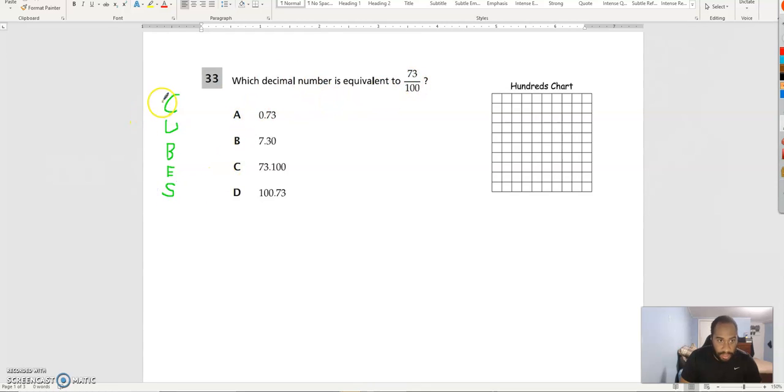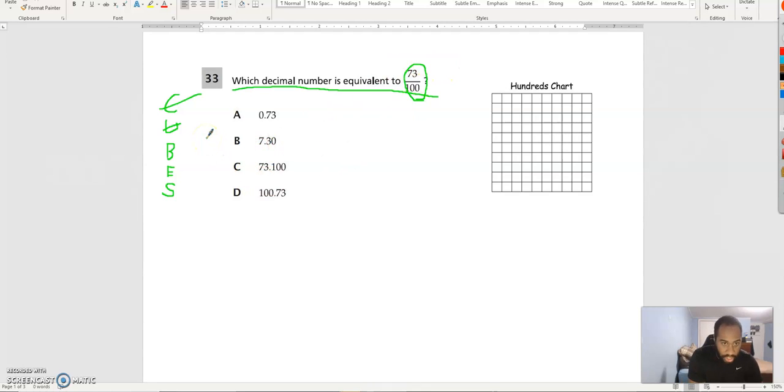So now, C in cubes. Let's do Ashlyn. So we have 73 over 100, right? U, underline the question. Caden. Which decimal is equivalent to 73 over 100.